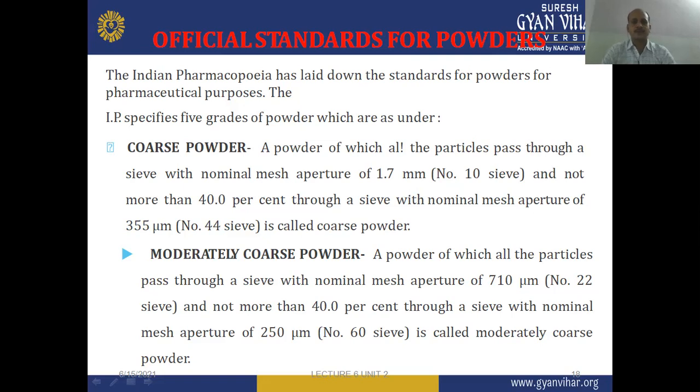So coarse powder means a powder whose particles can pass through the number 10 sieve, with not more than 40% through the number 44 sieve.